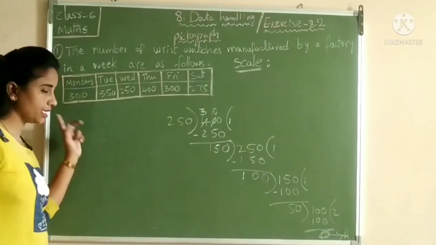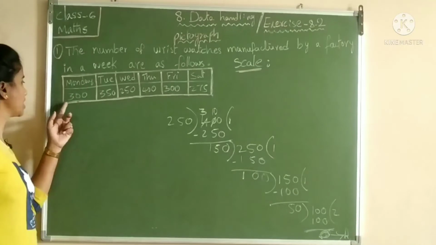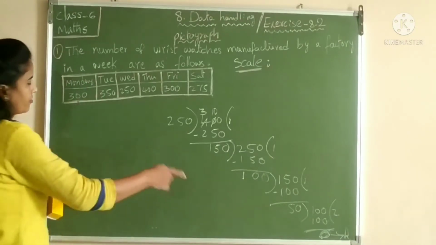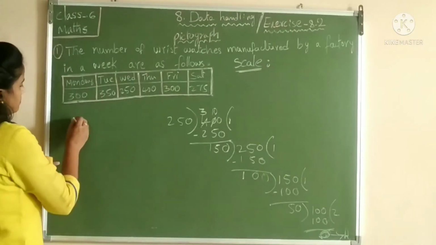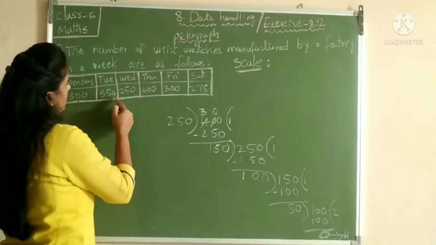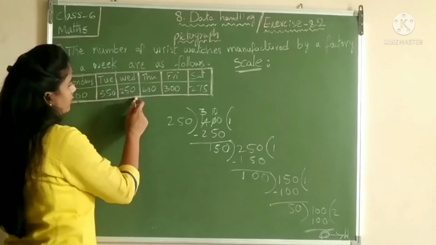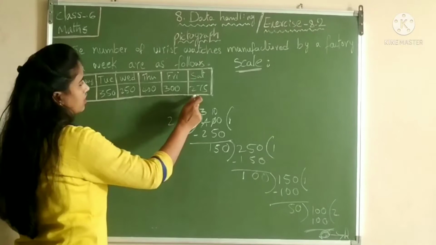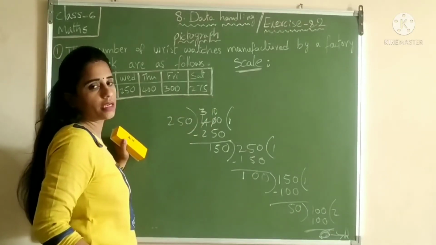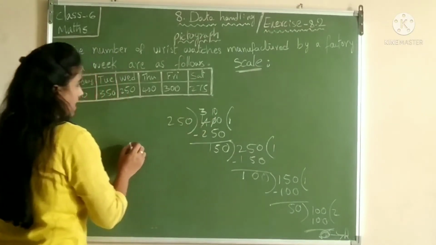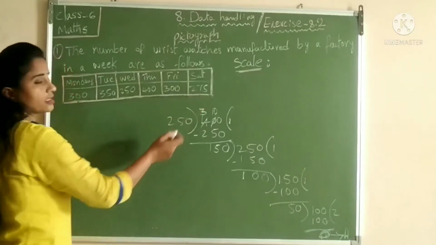So check the given data. 300, 50 is dividing 300. Yes. 350 also. Okay. 250, 400, 300, 275. Maybe it is not dividing. See, check once. This is a doubt.